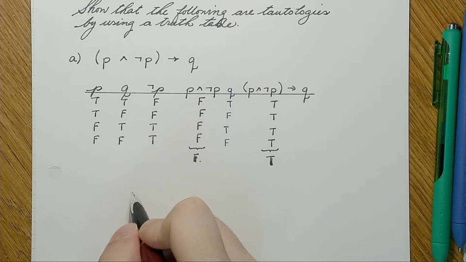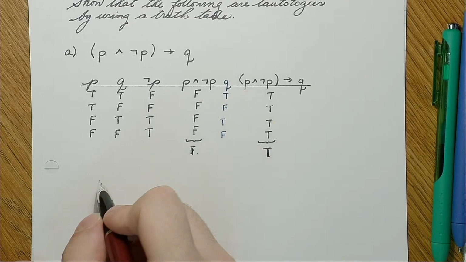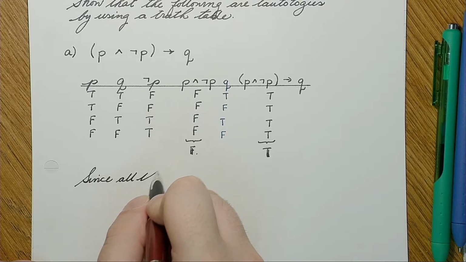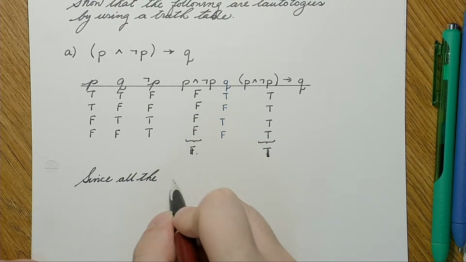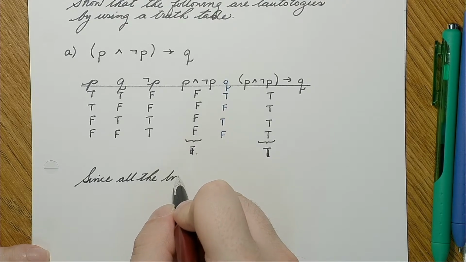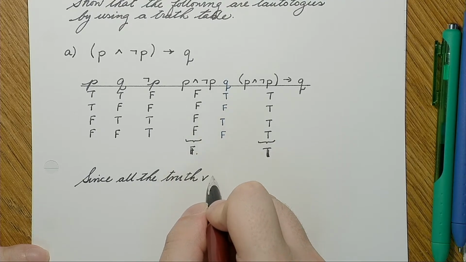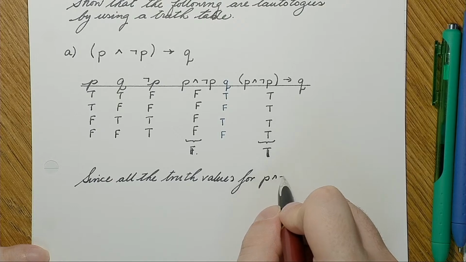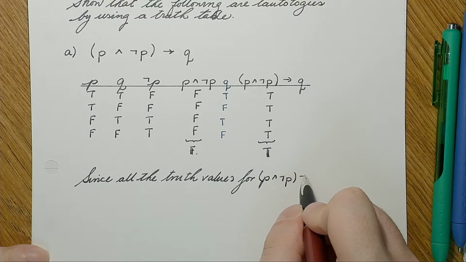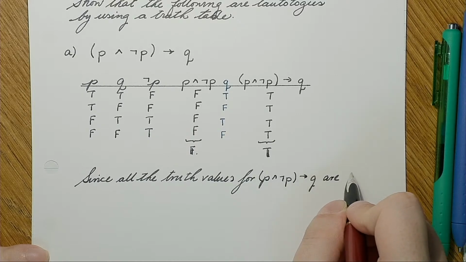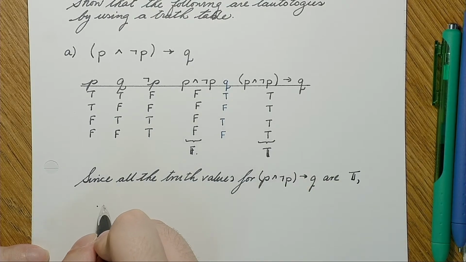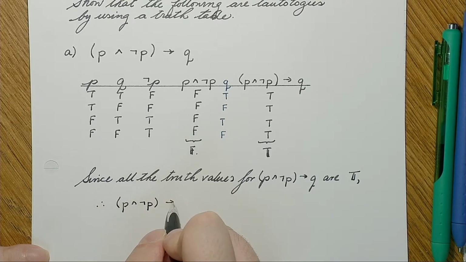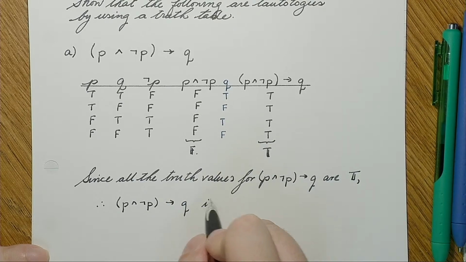So since all the truth values are true, therefore, that proposition is a tautology.